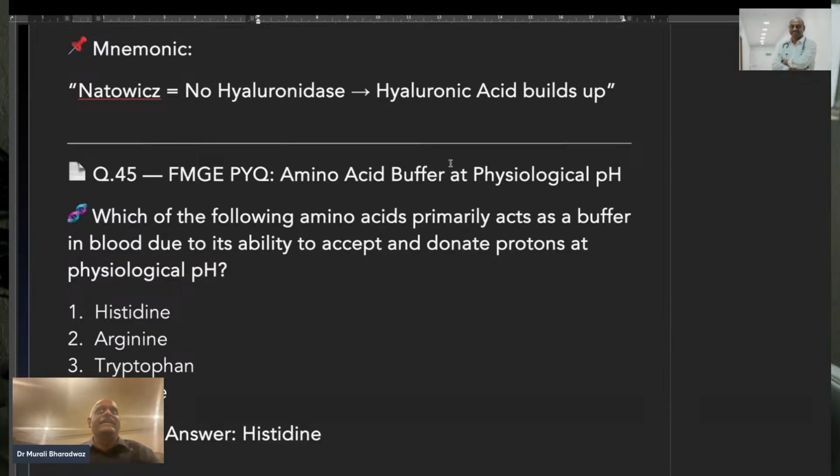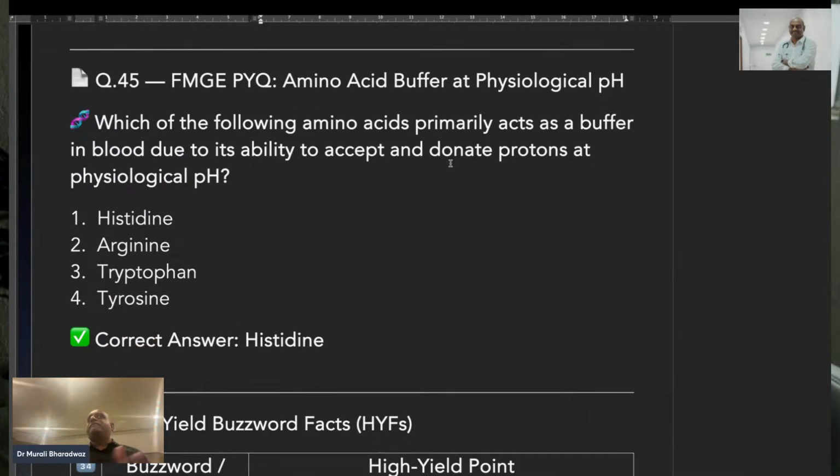Now, which amino acid primarily acts as a buffer in the blood? Histidine, because the pKa value of histidine is closer to the pH value of the plasma. What is pKa?